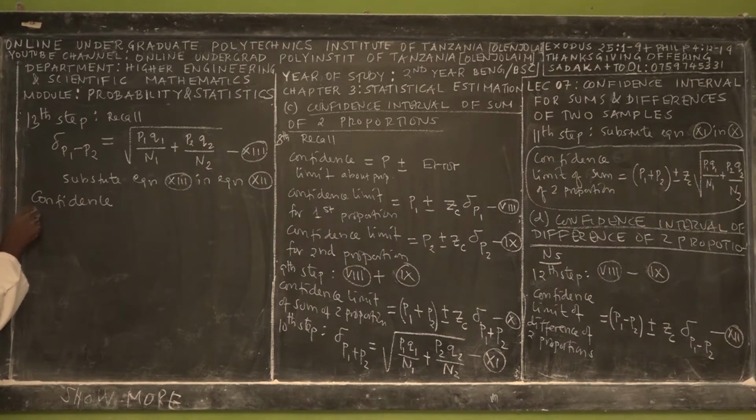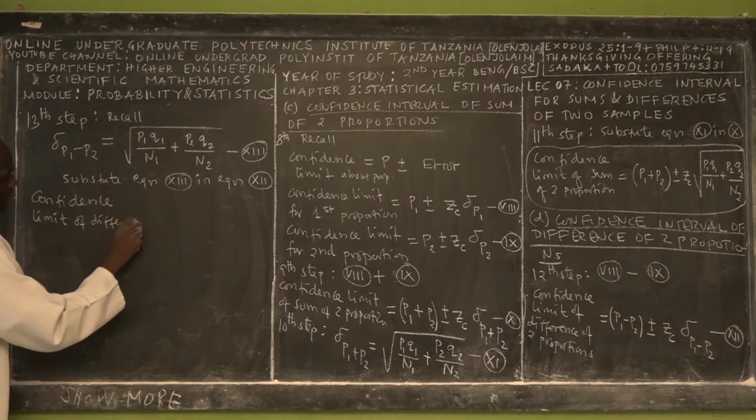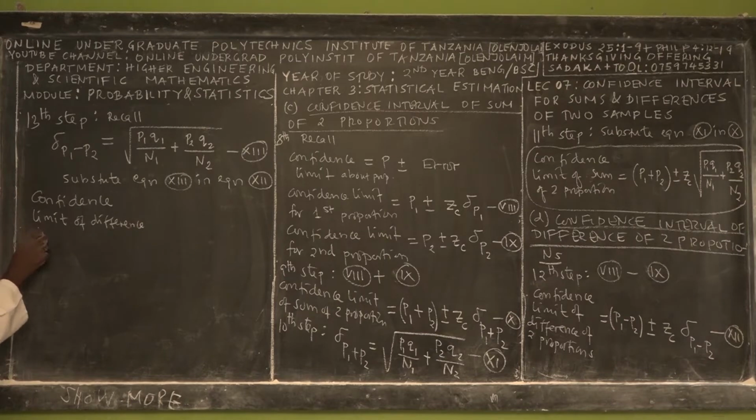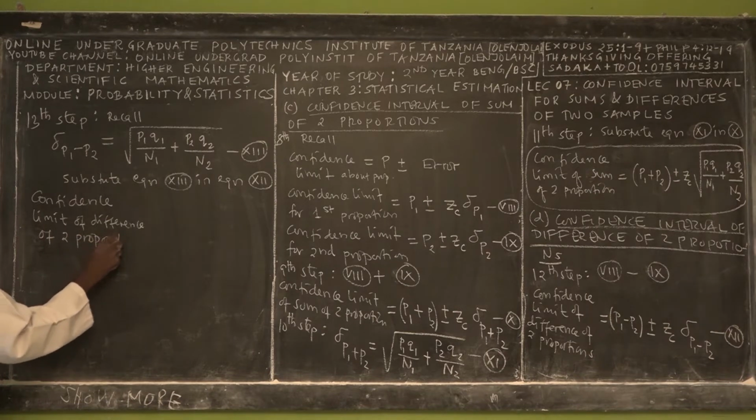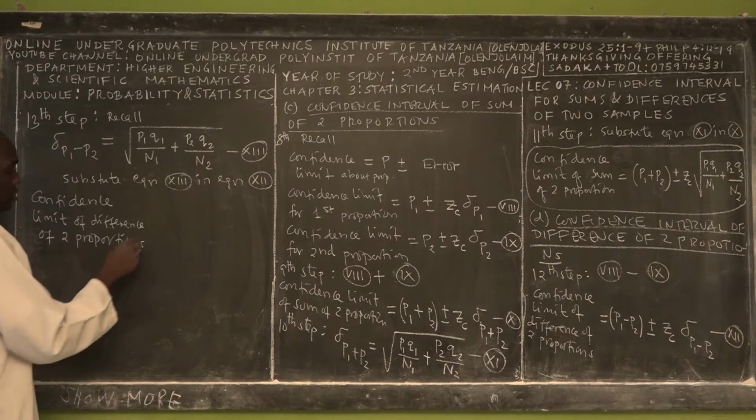Confidence limit of difference of two proportions is equal to what?